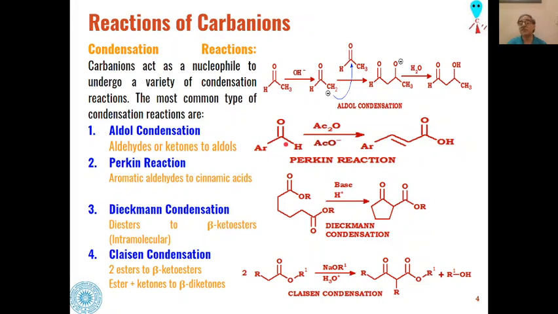Basically, acetic anhydride acts as a nucleophile and attacks the aromatic aldehyde, and condensation leads to the formation of these types of products. And here again the intermediate used is a carbanion.